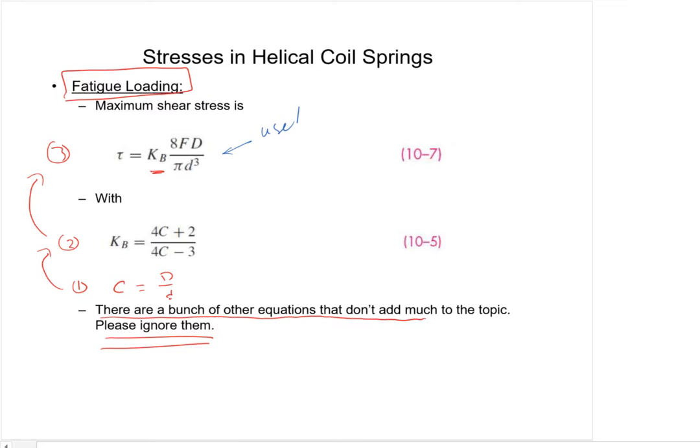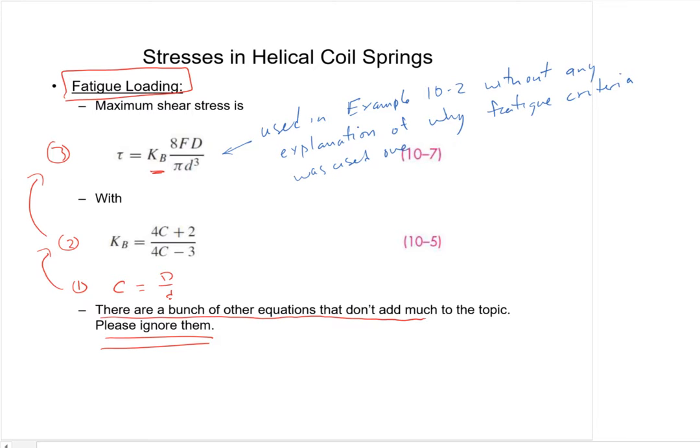This was used in example 10.2 without any explanation of why the fatigue criteria was used over the static, as per previous slide.